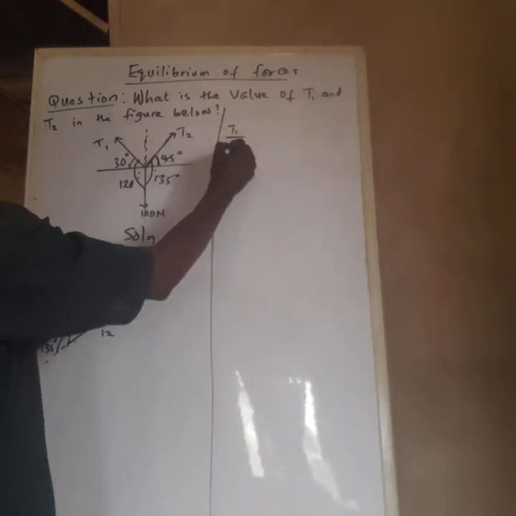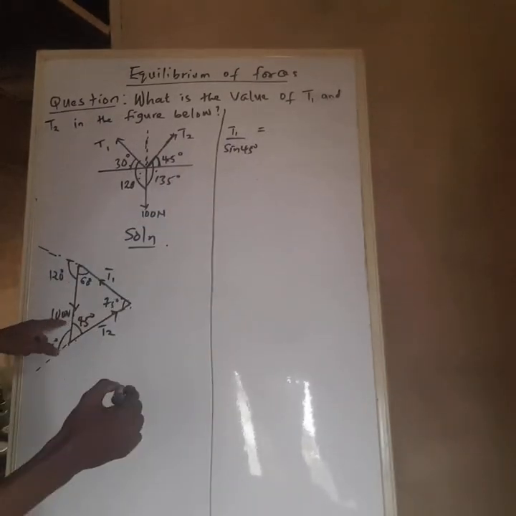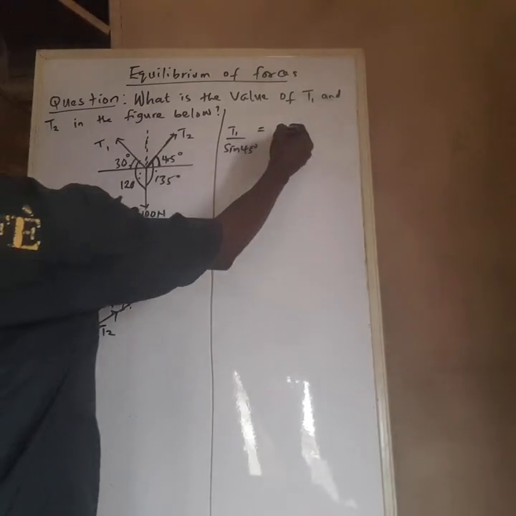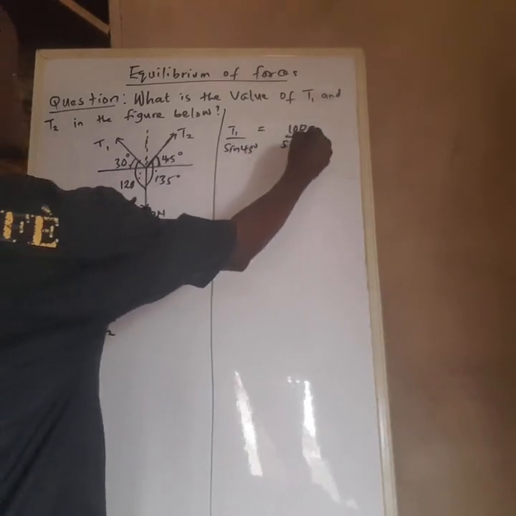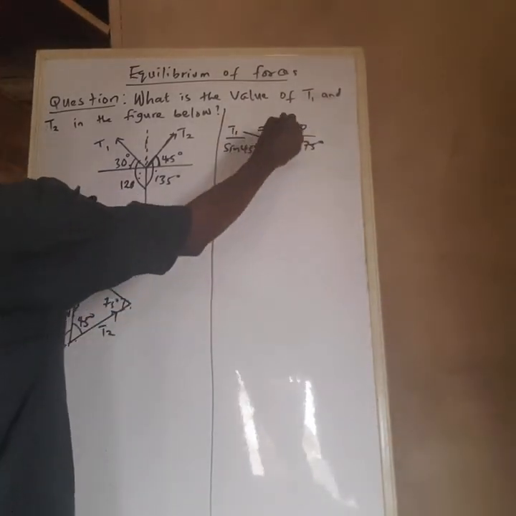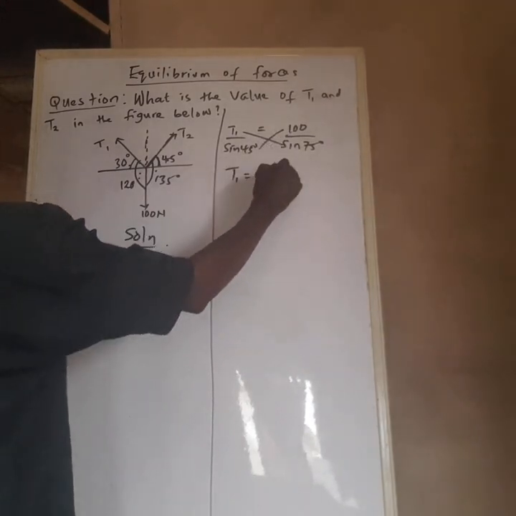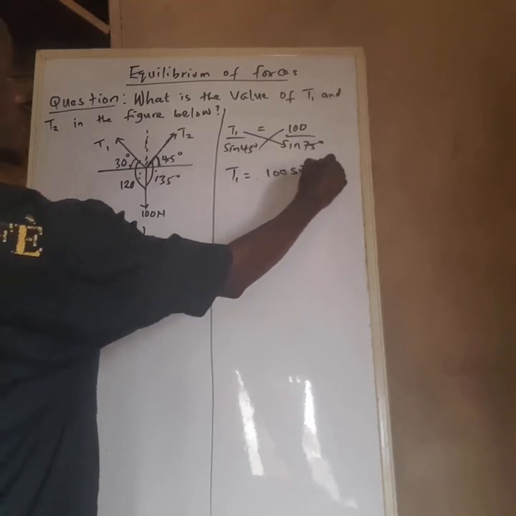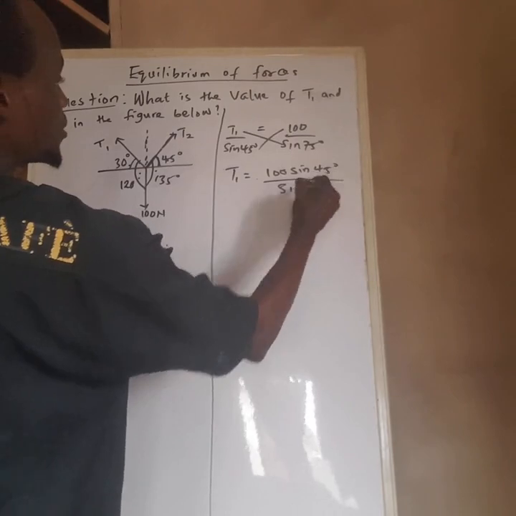T1 over sine 45 degrees is equal to 100 over sine 75 degrees. When you cross multiply, T1 becomes 100 sine 45 degrees over sine 75 degrees.